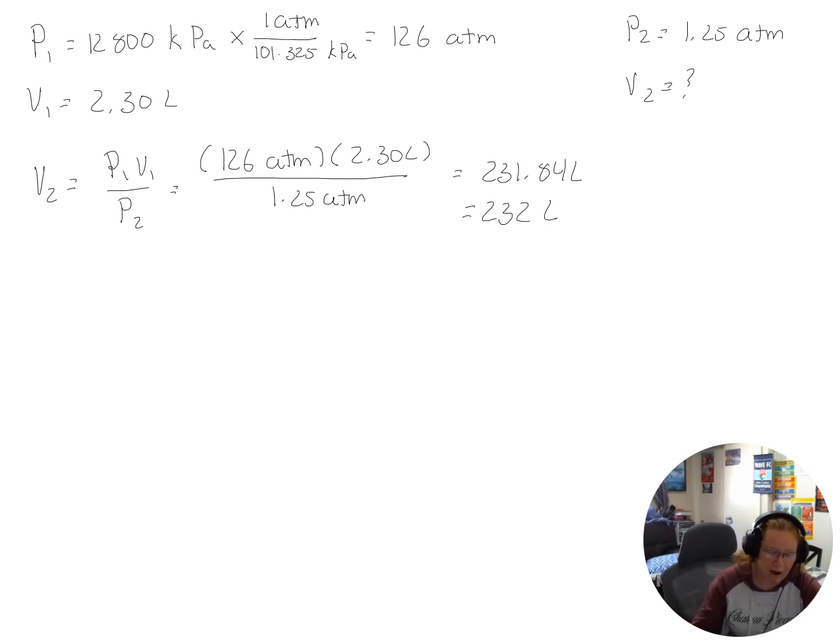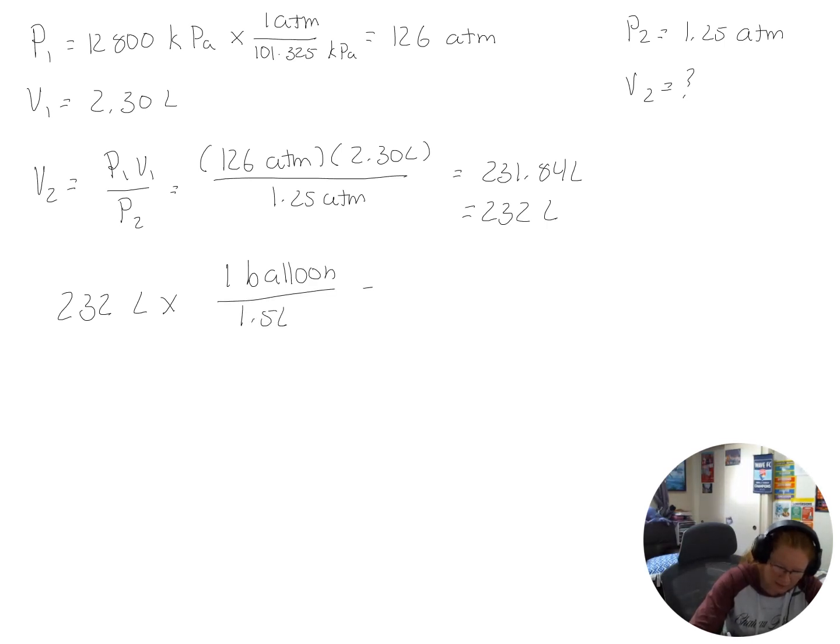Okay, our problem told us it takes 1.5 liters to fill each balloon to that pressure of 1.25 atmospheres. So we're going to do 232 liters, I have one balloon for each 1.5 liters. So I'm going to get 154.56. Okay, we're filling balloons.